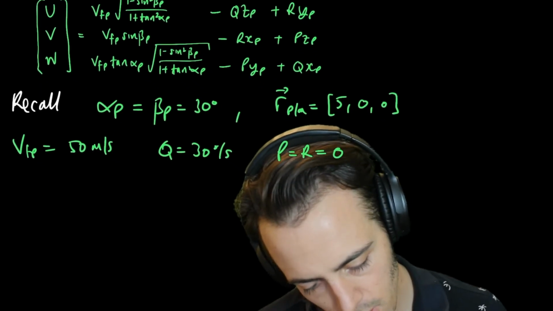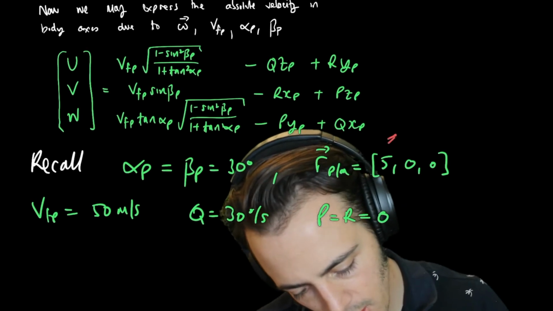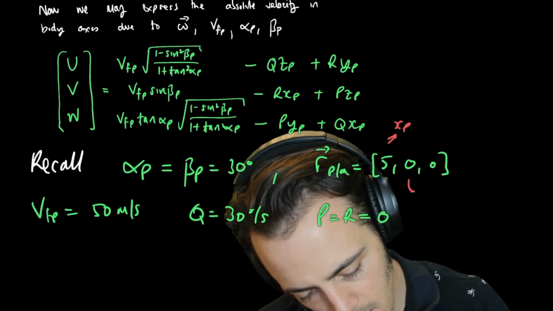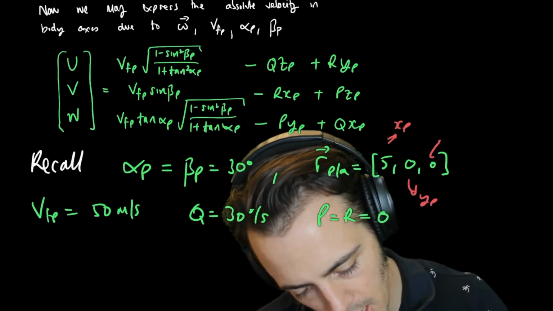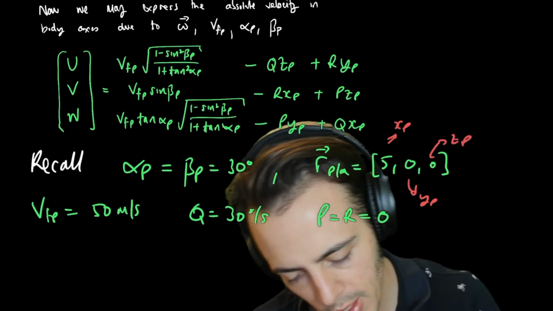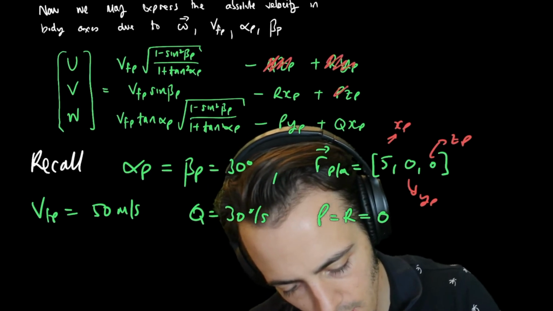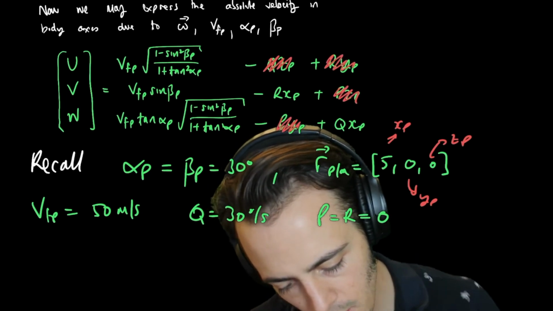So we can now solve for everything here. Okay, so let's just look through. So here we've got XP, YP and ZP, which means that anything with ZP or YP we can just get rid of. So ZP goes, YP goes.